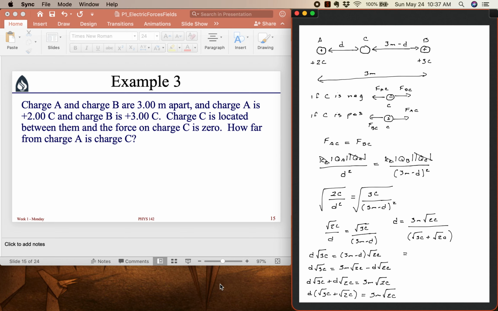If I put that into my calculator, I'm going to get a d that's equal to 1.35 meters. And if I look at my diagram in the problem statement, that does make sense. It's not negative, and it's less than 3 meters, so that is the solution I want.